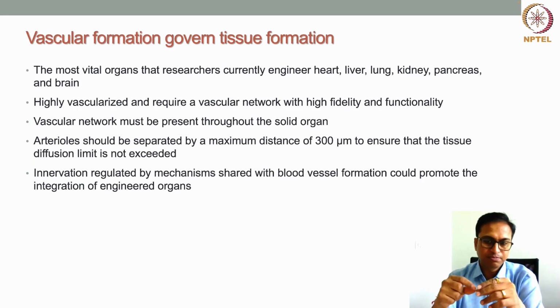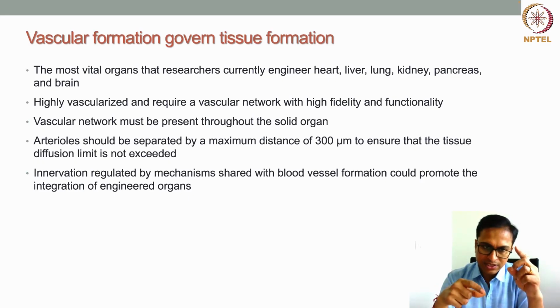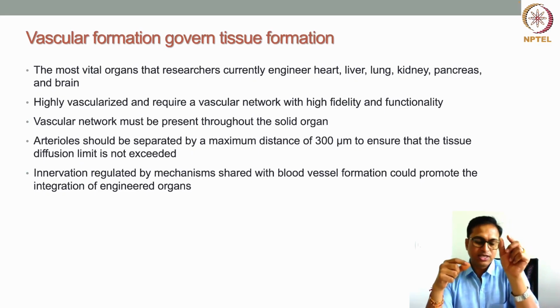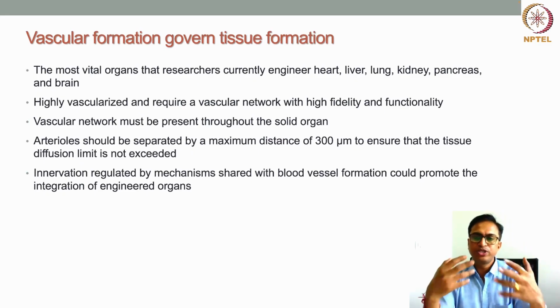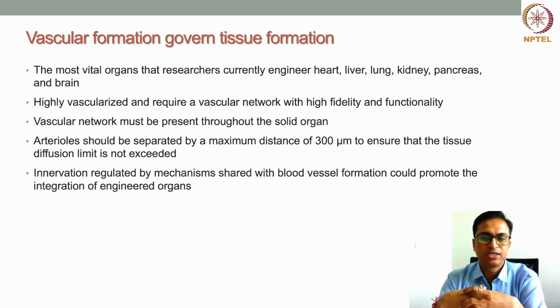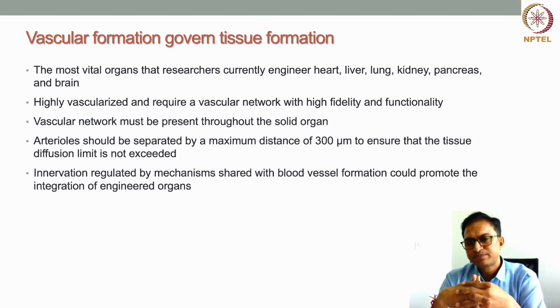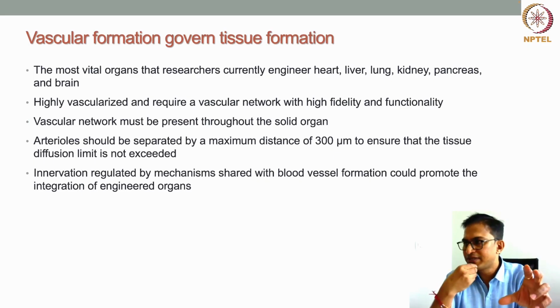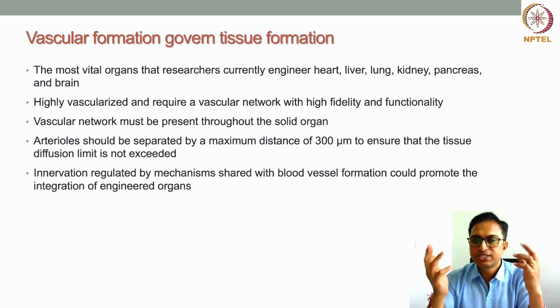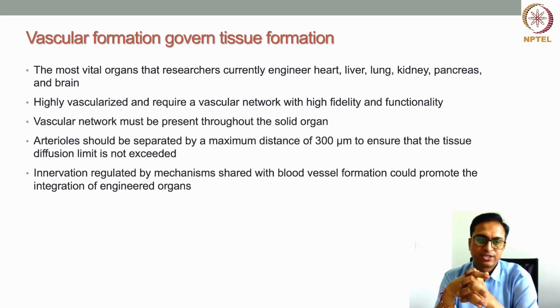As I mentioned on the last slide, we need to print that kind of vascular network strictly to the dimensions of all these blood vessels, and then only can that function be established, and that tissue can be vascularized.